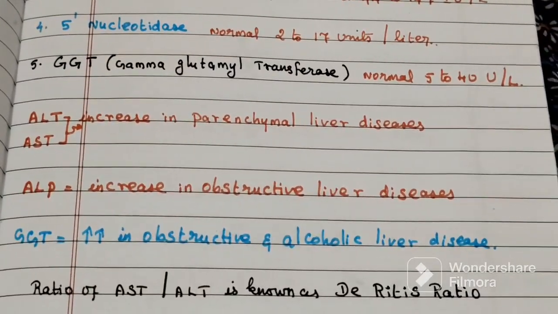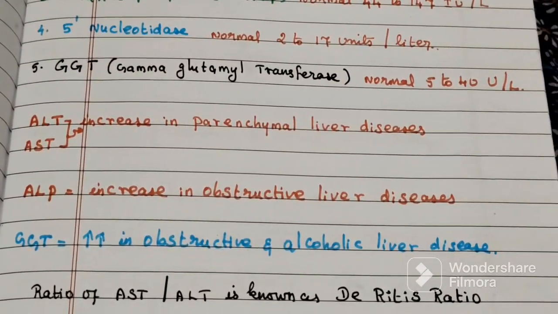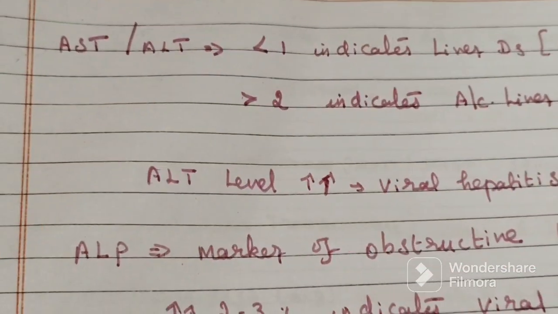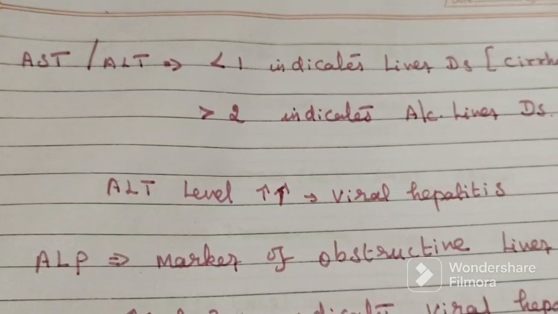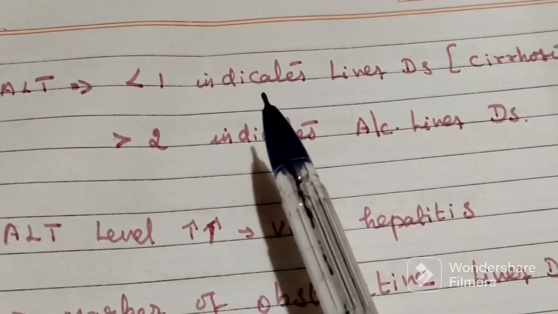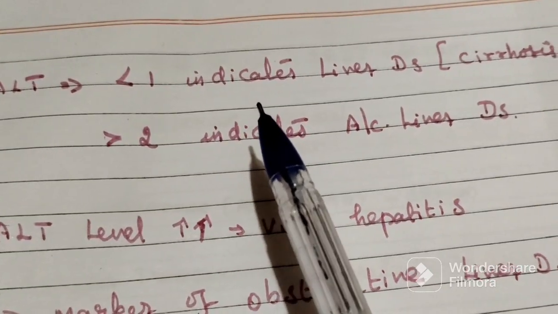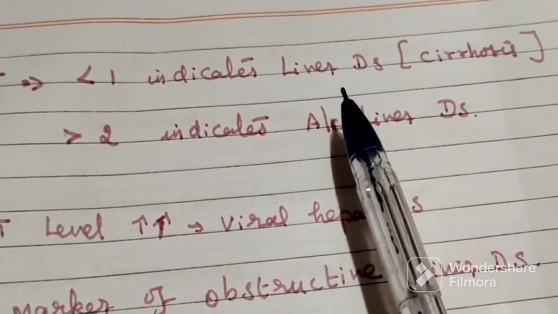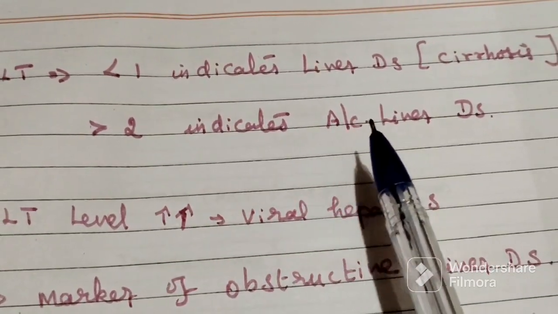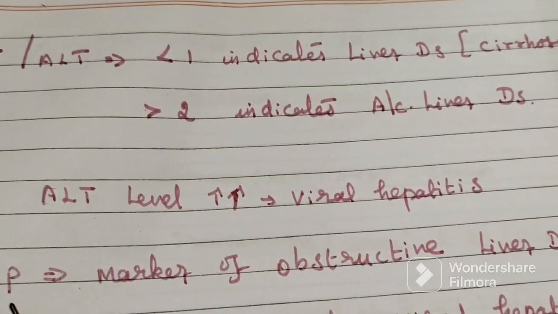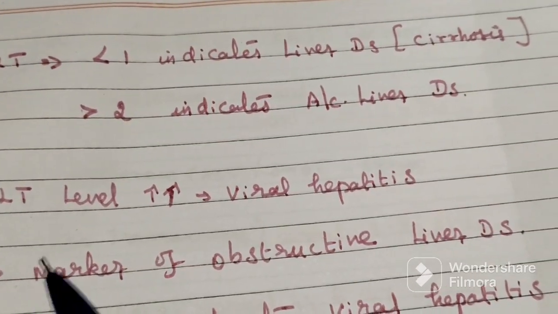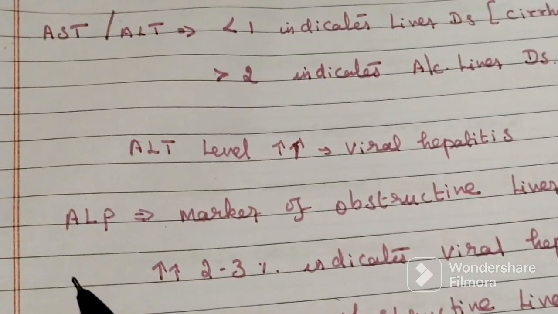The ratio of AST and ALT is known as the De Ritis ratio. An AST to ALT ratio of less than 1 indicates liver disease, cirrhosis of liver. More than 2 indicates alcoholic liver disease. If ALT level shows marked elevation, it is viral hepatitis.